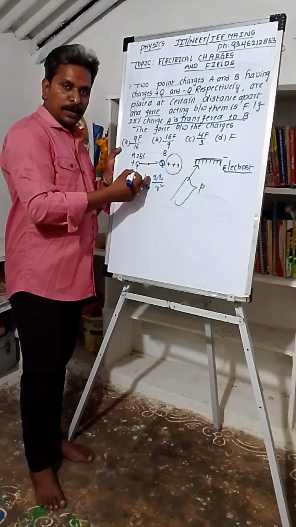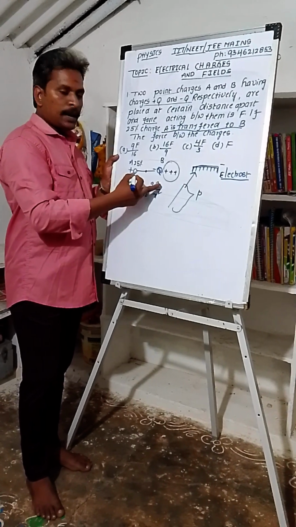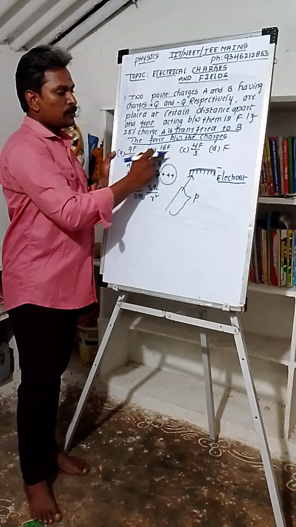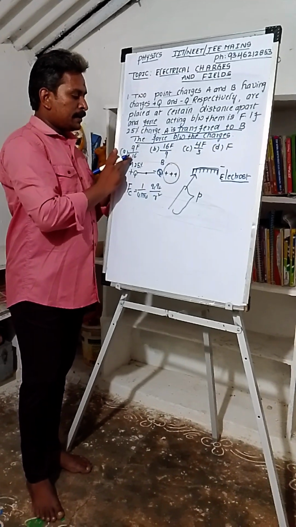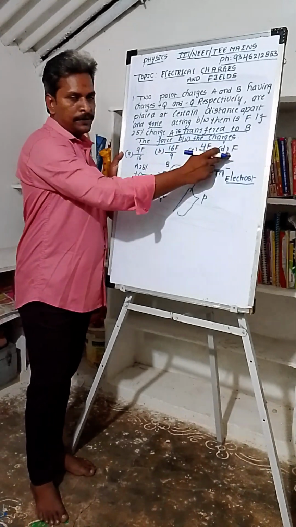Actually we write capital Q1 and capital Q2, like plus q or minus q also. The force in between the charges, how much will it look like: 9F by 16, or 16F by 9, or 4F by 3, or F?